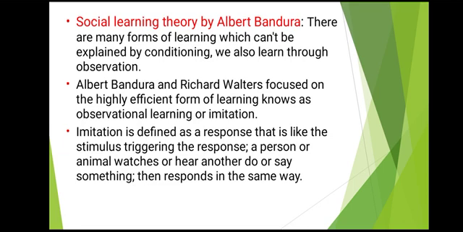He said that whenever we want to learn anything, simply follow some signs and clues, and it is going to make your learning easy. The last learning theory is social learning theory, given by Albert Bandura. He said that three processes are necessary for learning: first is observation, then imitation, and then the last is practice.